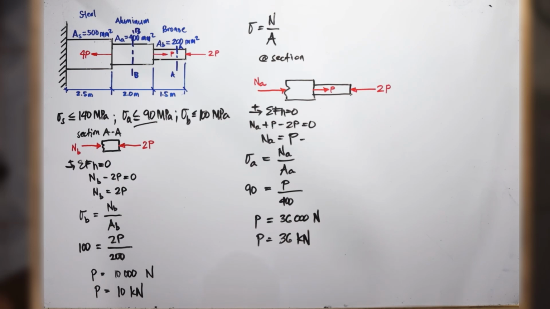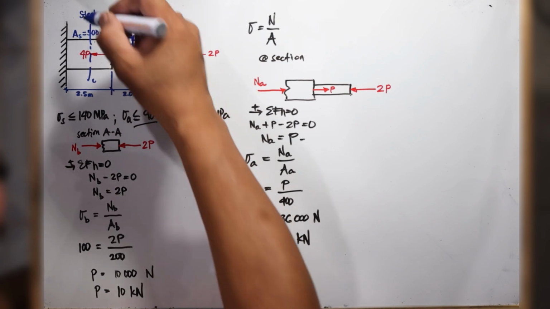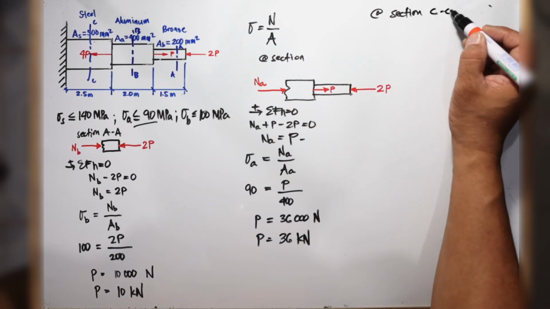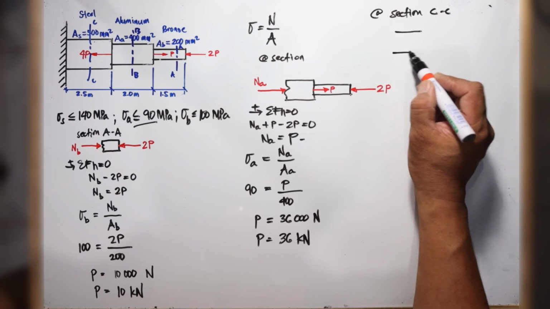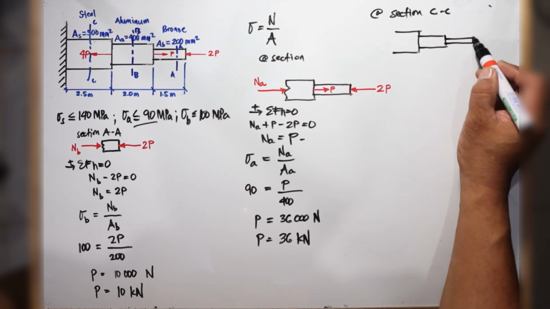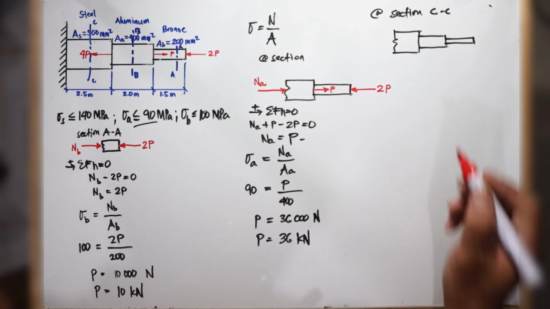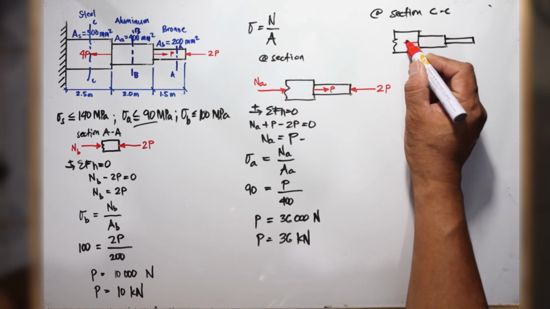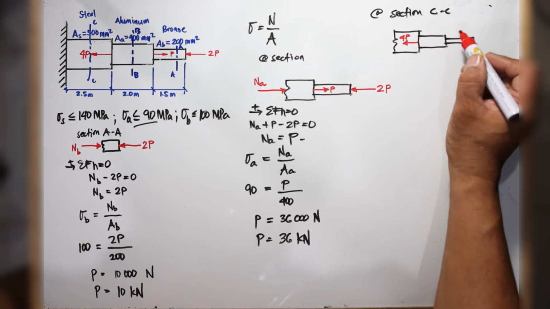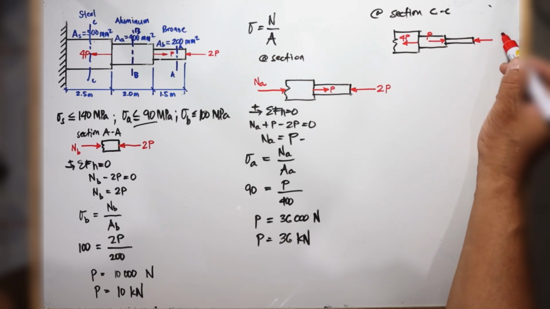And then for the steel, we cut a section here. Let's call that section CC. So at section CC, our free body diagram will look like this. That is for the steel, this is for the aluminum, and this is for the bronze. Okay, so we have an external force here that is equal to 4P, and then we have another one here equal to P, and one more here equal to 2P.